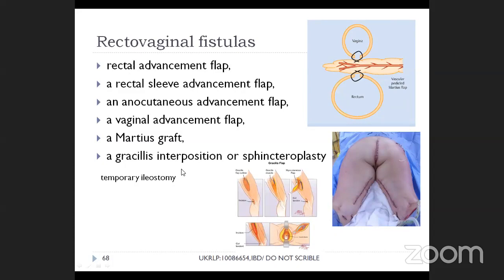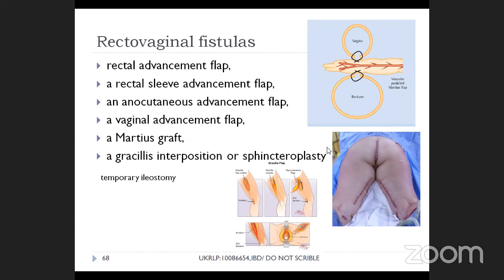Likewise, the gracilis interposition flap is used. Gracilis is used to cover the perianal region when the patient has got rectovaginal fistula. And sometimes these fistulas can be treated with a temporary ileostomy, whereby the inciting agents are taken off and the fistulas heal. Then we revert the ileostomy.